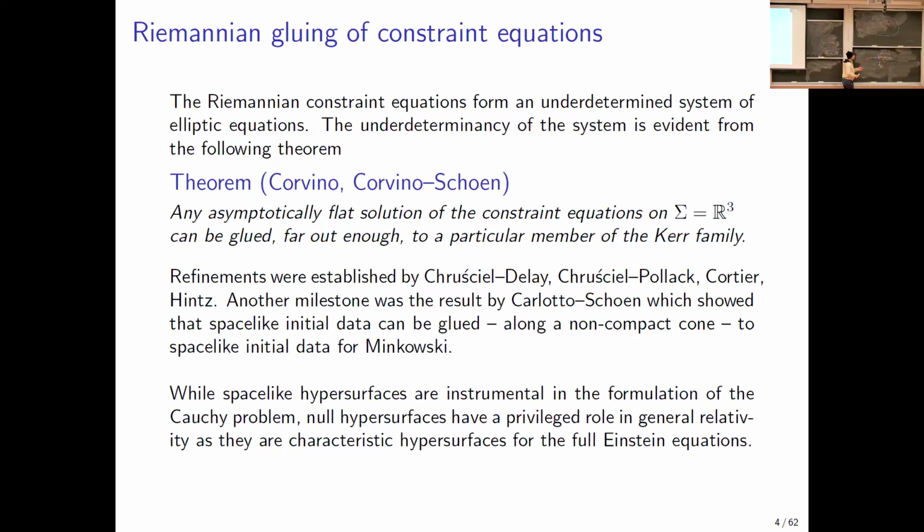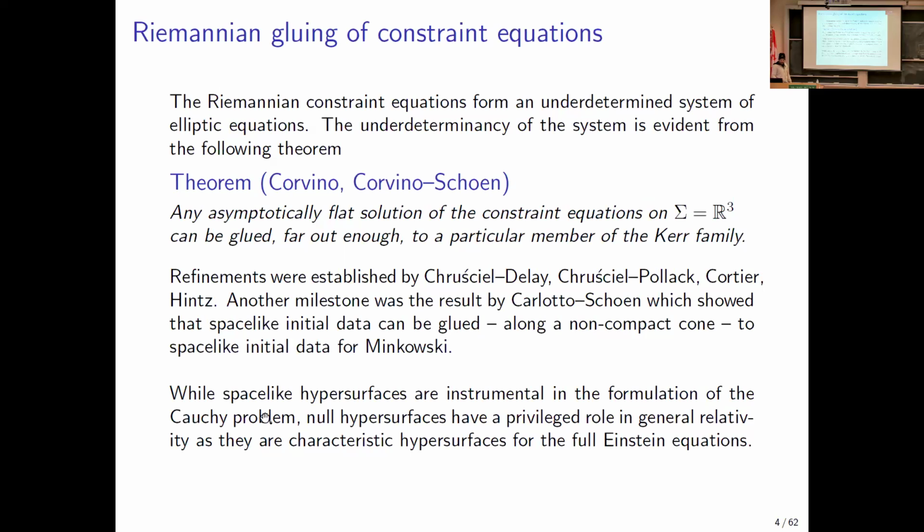And that's a nice thing about Kerr, that you can use the parameters to do some fine tuning. So if you have the Riemannian constraint equations decaying to 0, then far away where they decay, you can basically truncate them, and then glue them to something very, very specific and explicit.